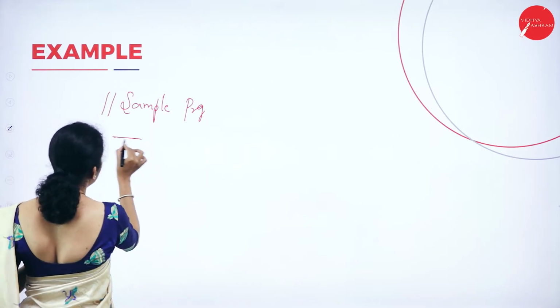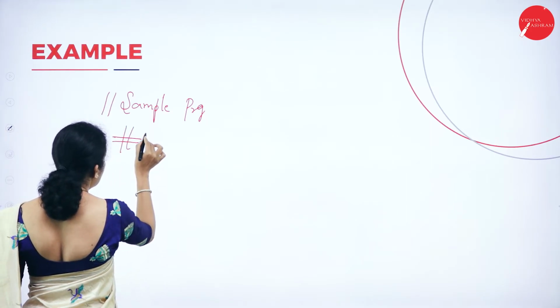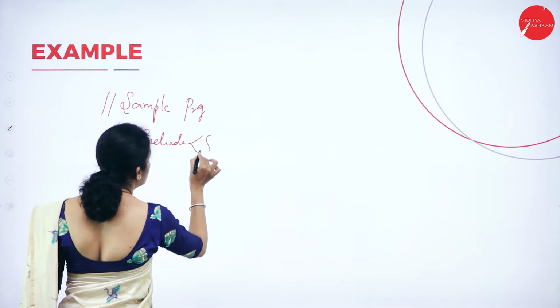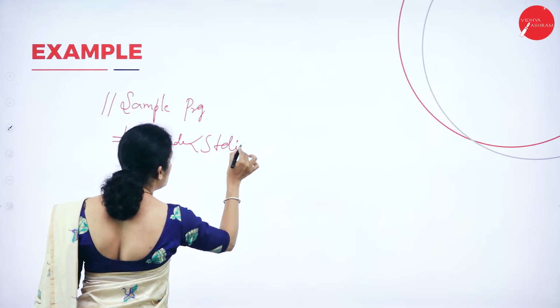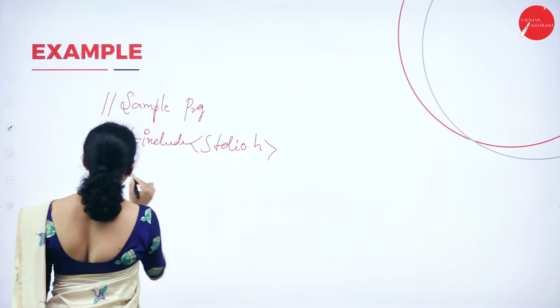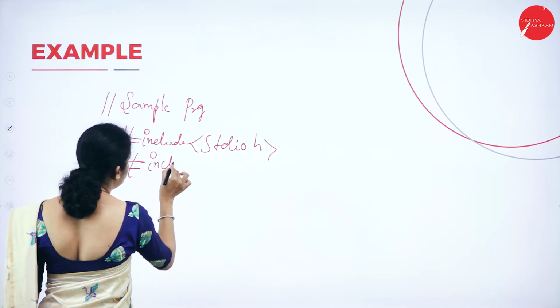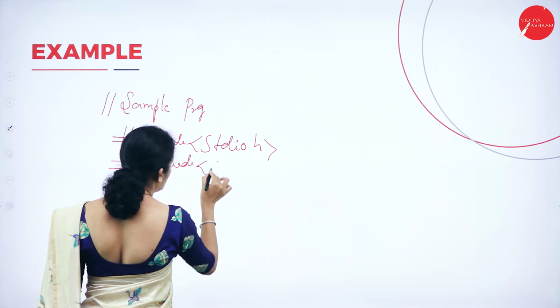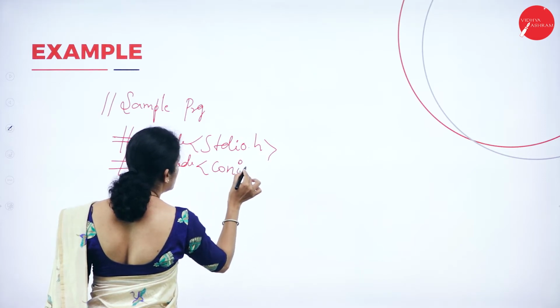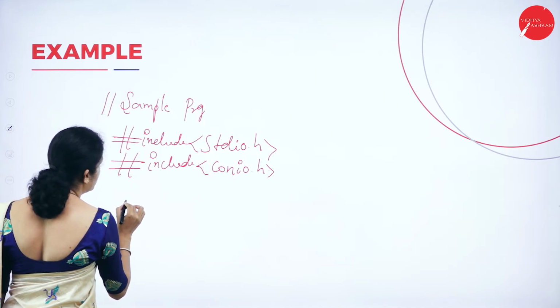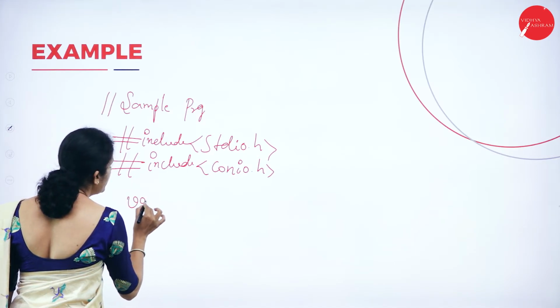So I want to include #include <stdio.h>, then #include <conio.h>. Then I'm going to start from void main.